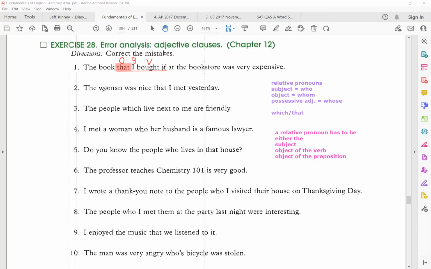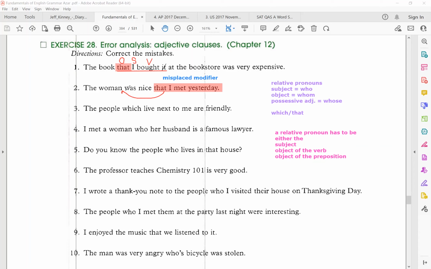If we take a look at number 2, the woman was nice that I met yesterday. This is actually what we call a misplaced modifier. Why? Because the rule for adjective clause is we have to place it after the antecedent. In this case, we are modifying the woman.